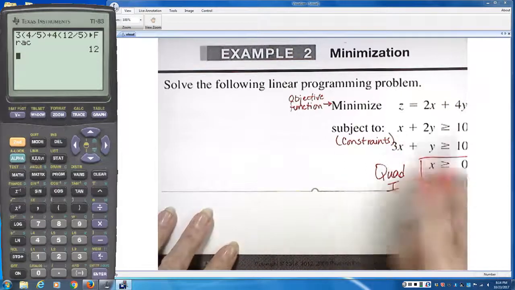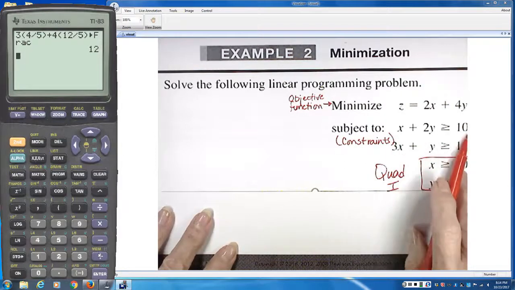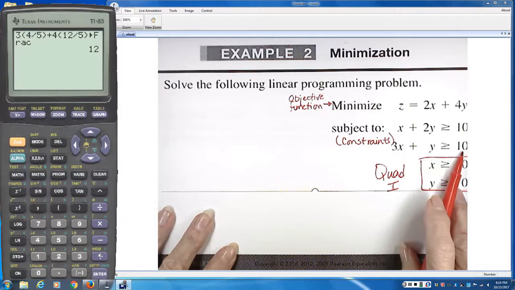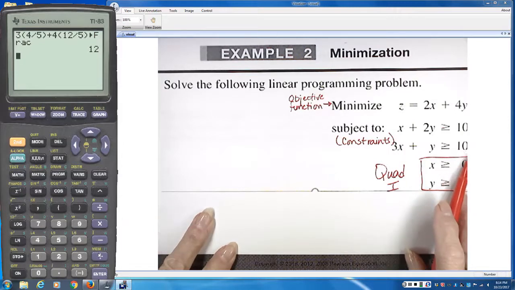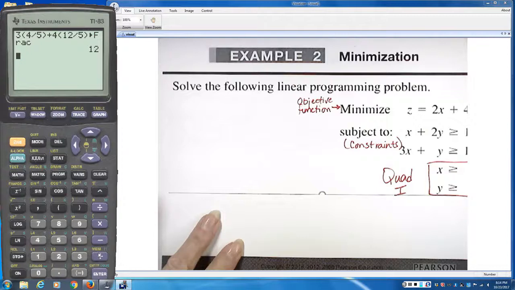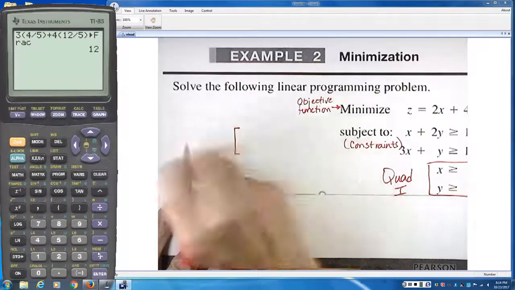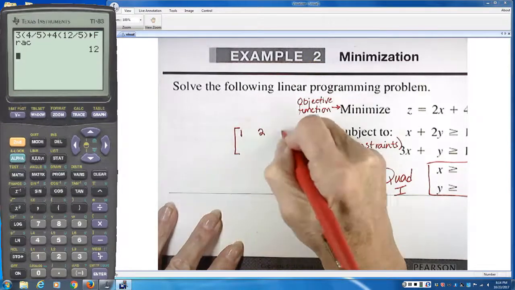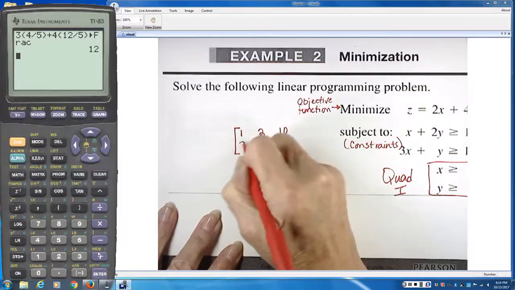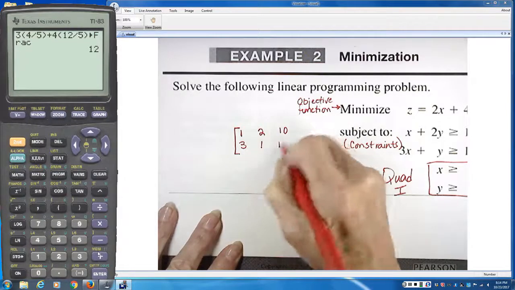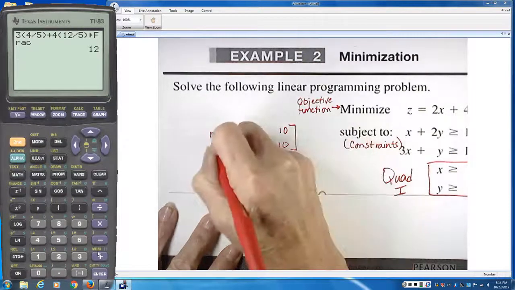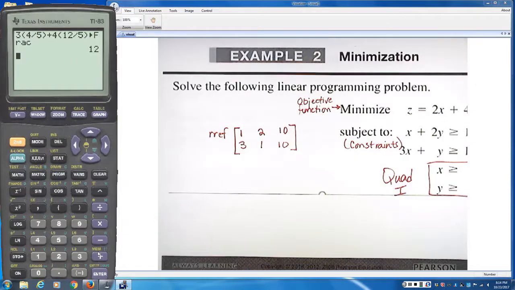So what we need here, we would find the x-intercepts and the y-intercepts of both of these boundary regions. And then we would also find out where they cross. So before I ever go to the graph, I'm going to go ahead and find their intersection. 1, 2, 10, 3, 1, 10. And I'm going to do the reduced row echelon form of that.